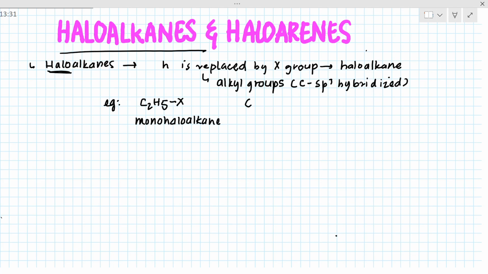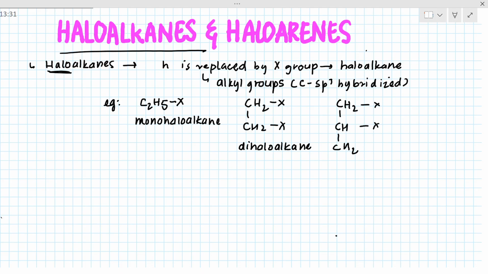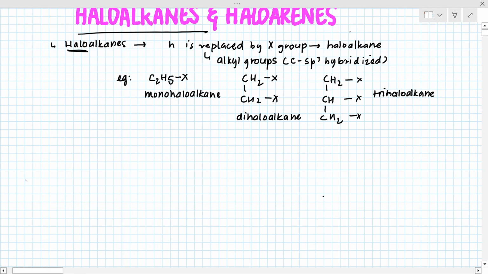And there could be one more, CH2X2. This is dihaloalkane. Then when you have three of those, this is trihaloalkane. These are the examples of haloalkanes.